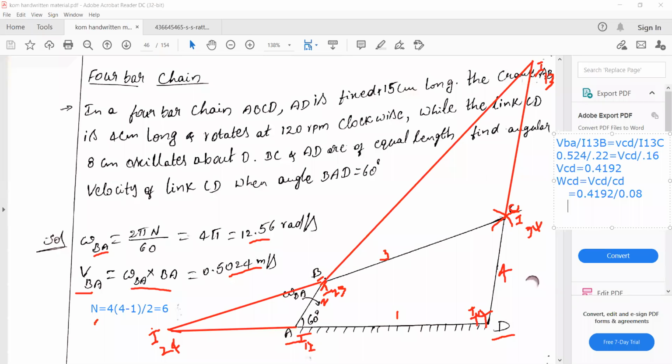That gives 5.24 radian per second. So that is our angular velocity of link CD.